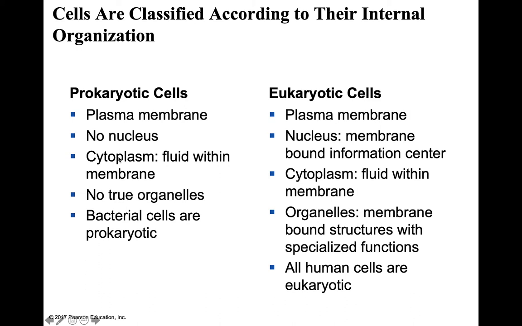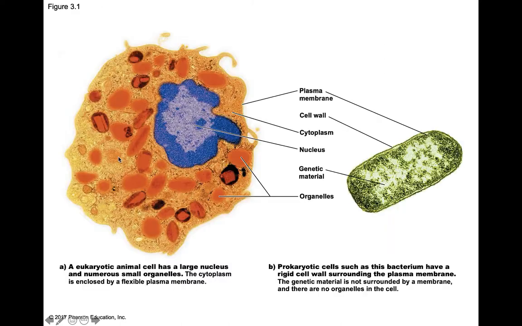But a really big difference is organelles. These are membrane-bound structures that have specialized functions. On the first slide, we introduced mitochondria. That would be the powerhouse, and we will see other organelles such as ribosomes, endoplasmic reticulum, and so on. Important to keep in mind, all human cells are eukaryotic, as are most animal cells.